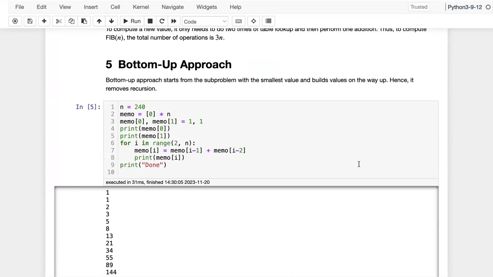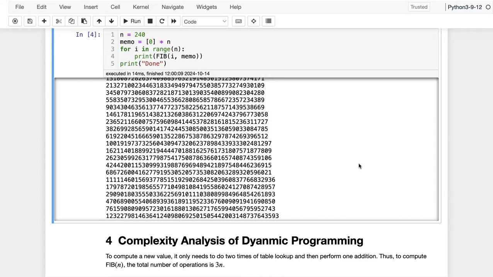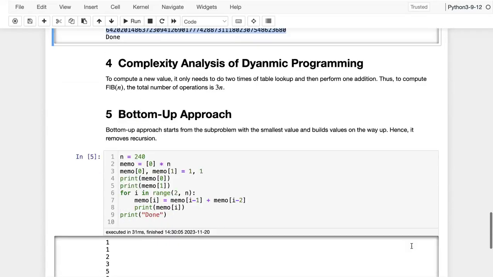The second approach is to get rid of the recursion completely. As we analyzed earlier, when you do recursion, you go top down, from the top to the bottom, and then you work your way from the bottom up. In this case, I will just start working my way from the bottom up, so you don't need recursion.